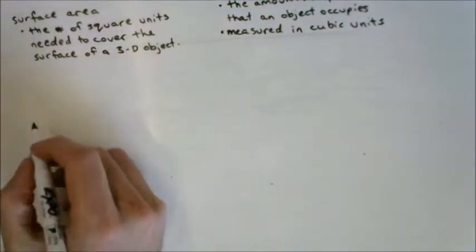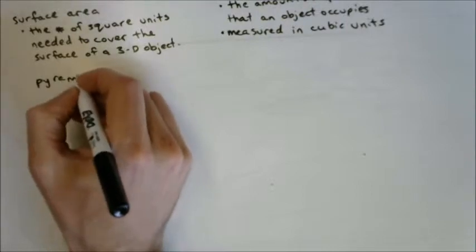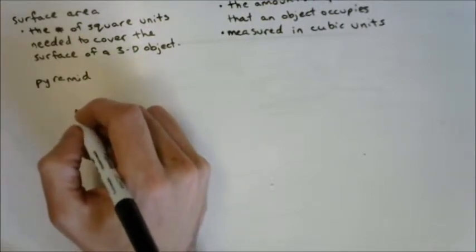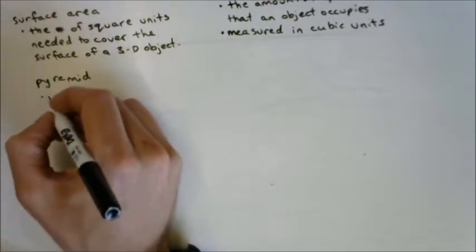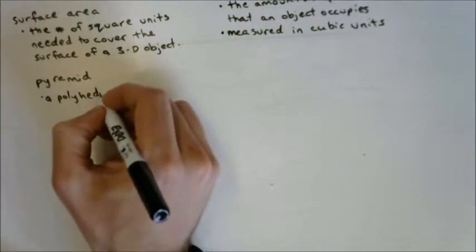Good. The next word that you have is pyramid. I'm going to be dealing with prisms and pyramids today. A pyramid, this is a polyhedron.